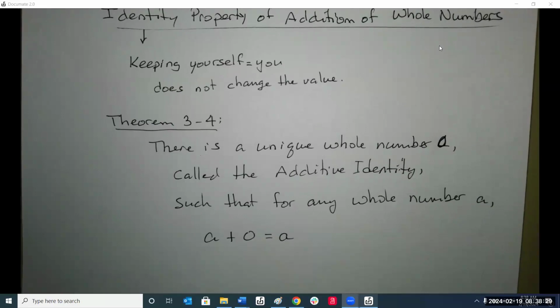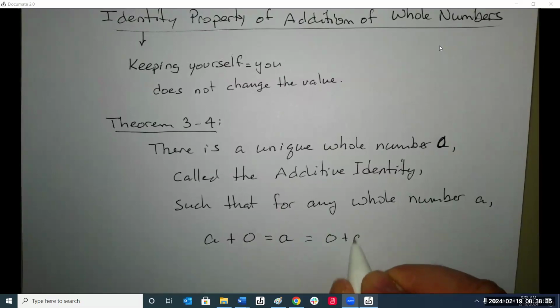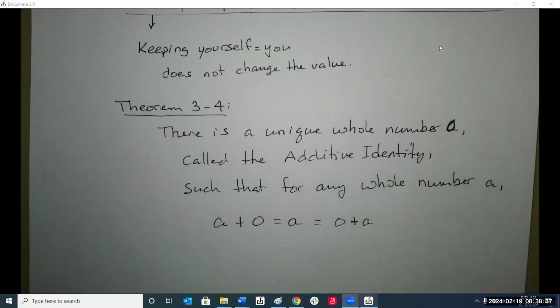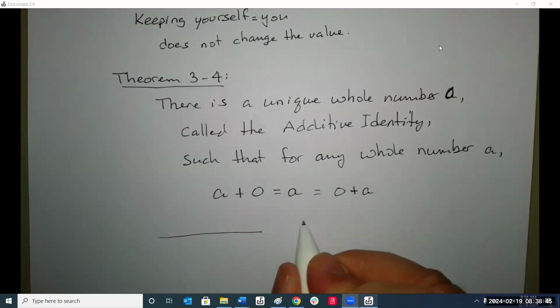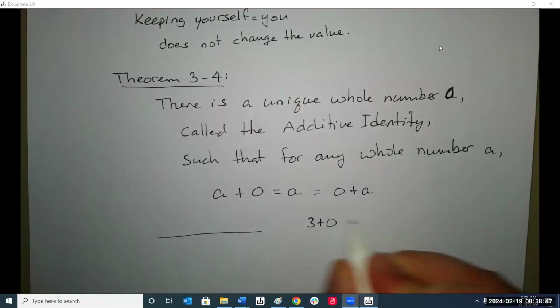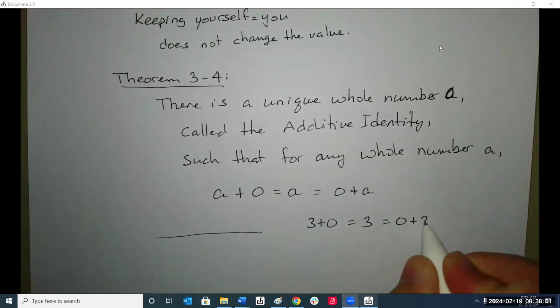It keeps itself. And because of commutativity, we can go 0 plus a is also a. So let's look at this. 3 plus 0 equals 3, or 0 plus 3 also equals 3.